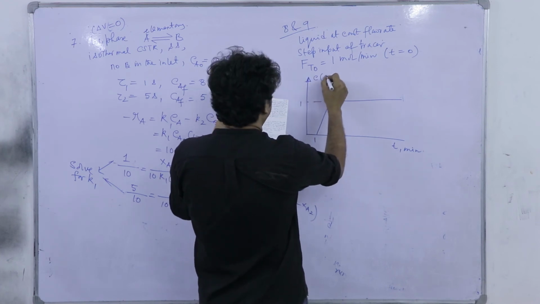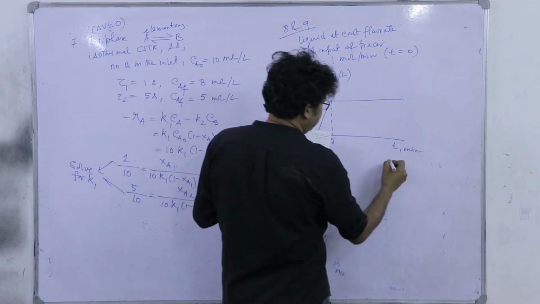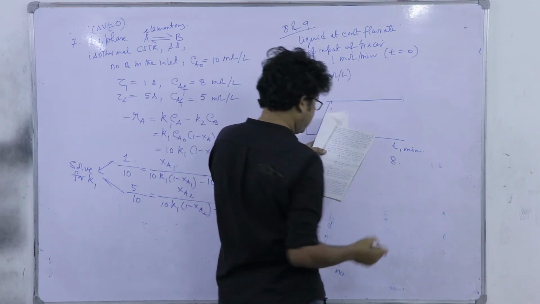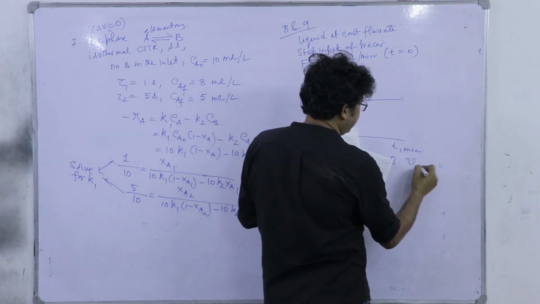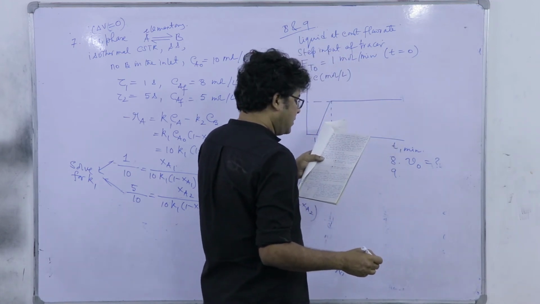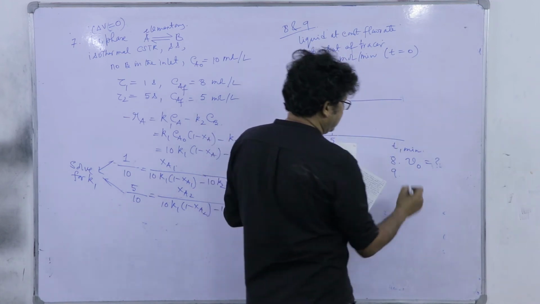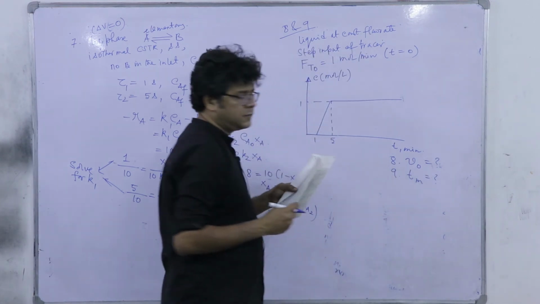So, this is C in mole per liter. First, question 8: the volumetric flow rate of the liquid through the reactor, so V naught. And question 9: the mean residence time of the fluid in the reactor, Tm. Right, these two we have to solve.